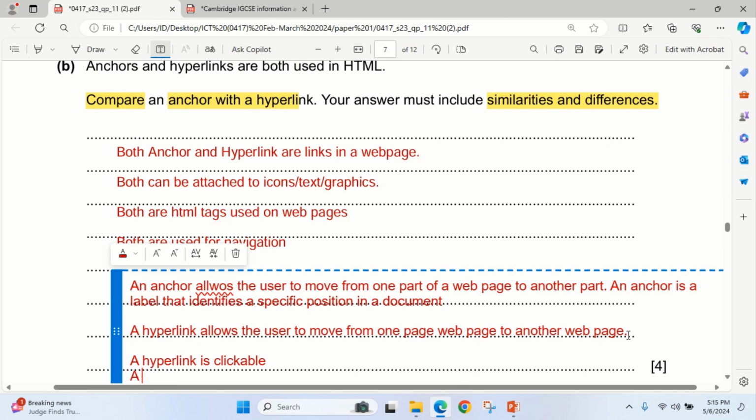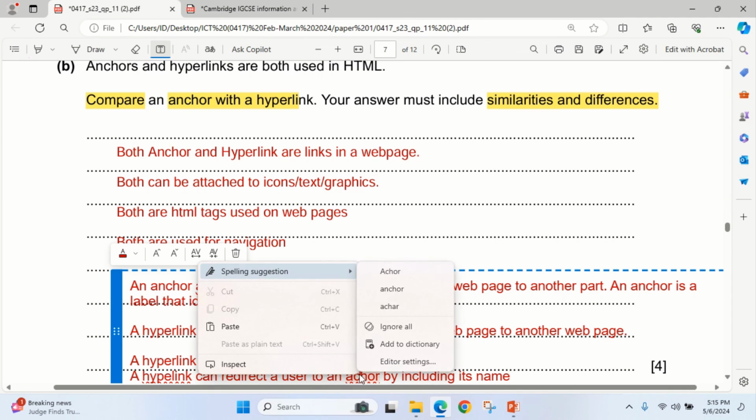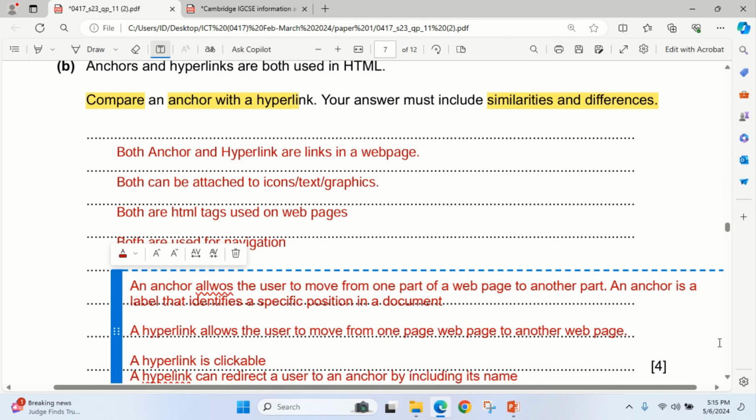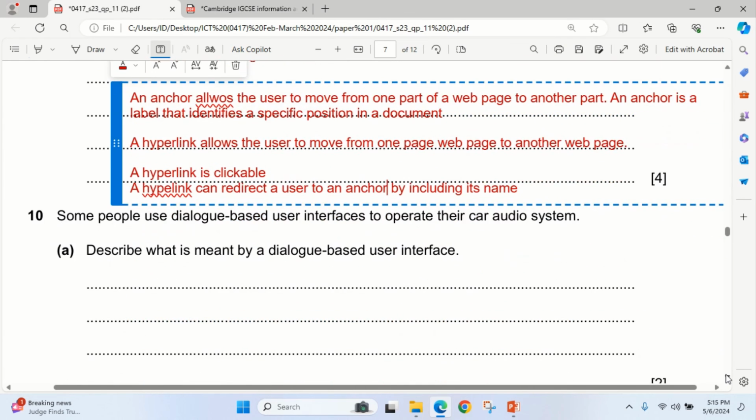And you can also say that a hyperlink can redirect a user to an anchor by including its name. So take note of all these points. Any 4 of these points will earn you the full mark. So take note of that.